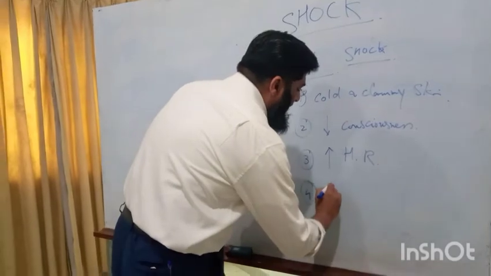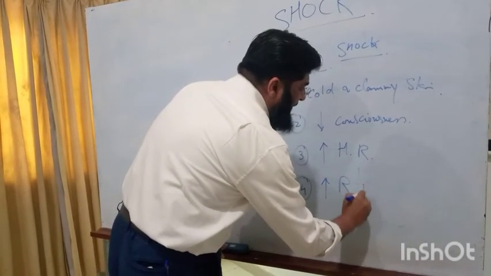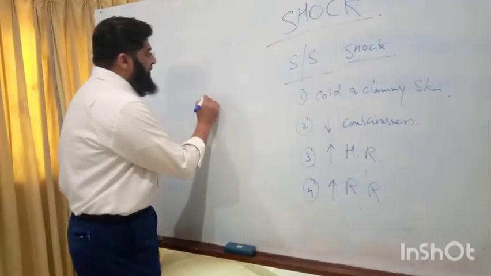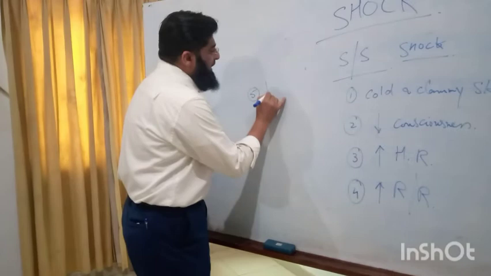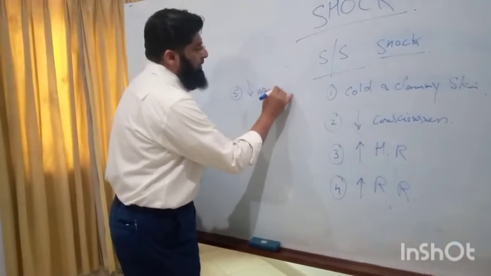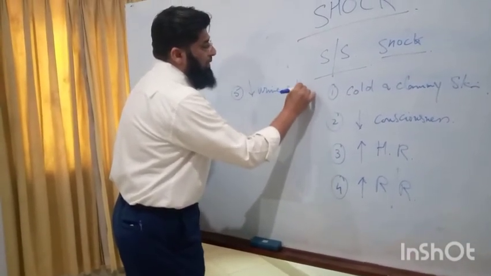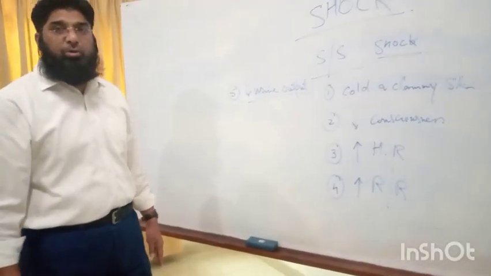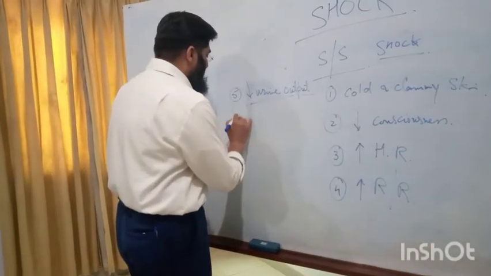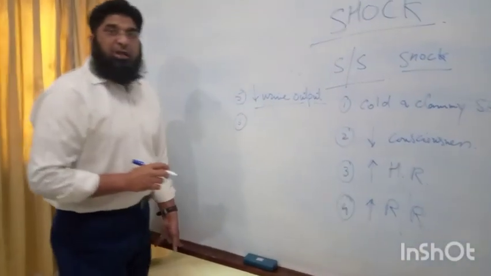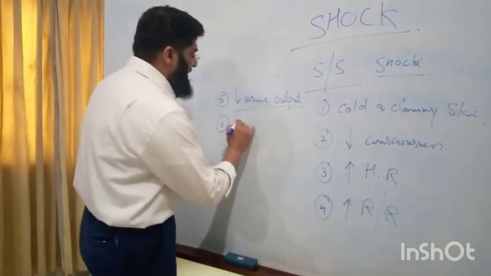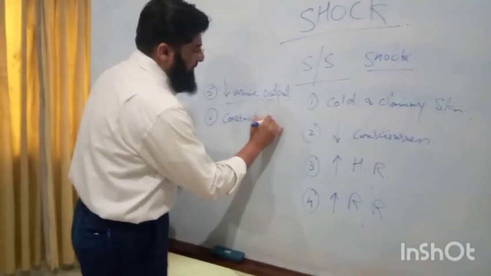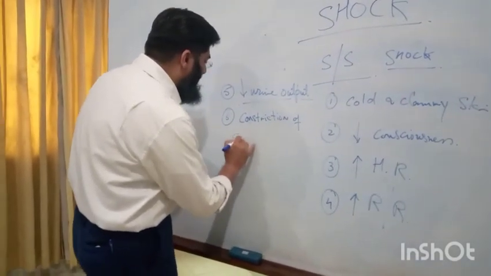Number 4, increased respiratory rate. Number 5, decreased urine output. Number 6, constriction of splanchnic vessels.